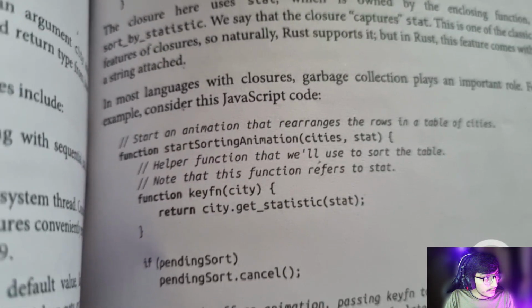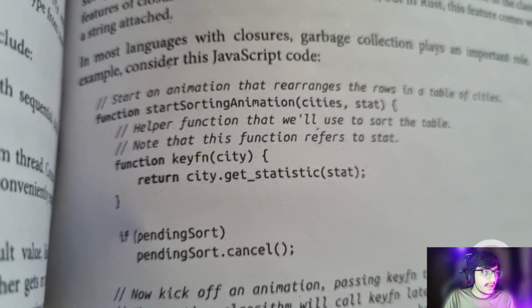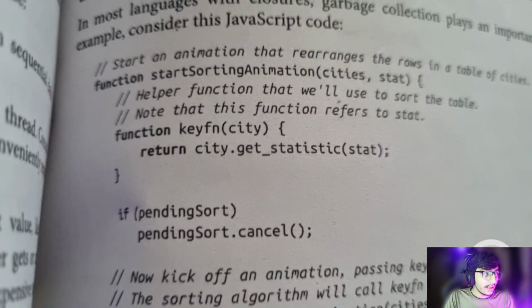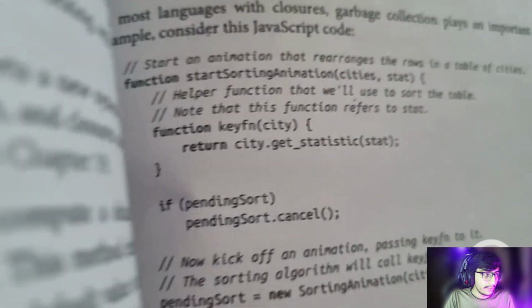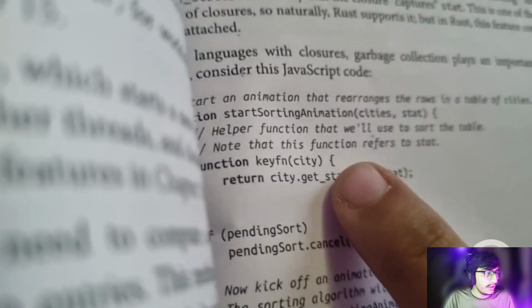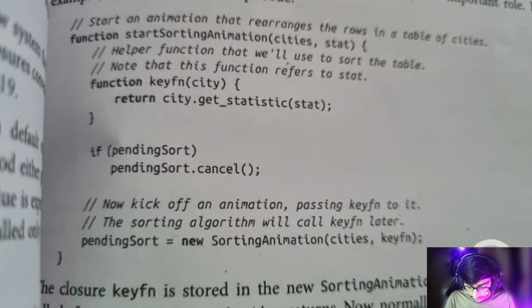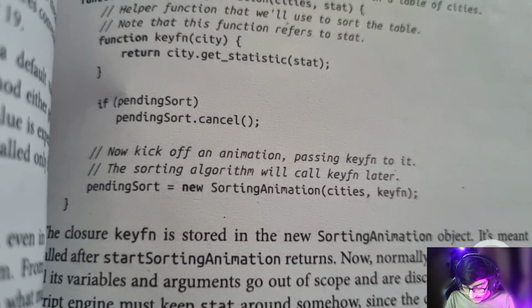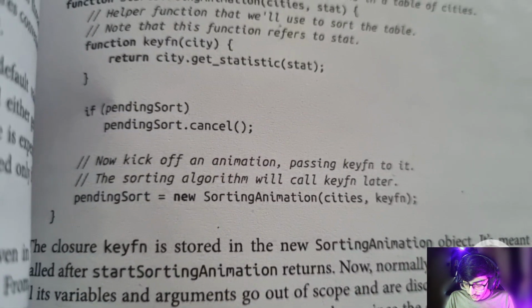Okay, perfect. So here we have function start sorting animation. This is a function, and inside that function we have key function. Inside that key function we have if pending sort dot cancel. And now you can see the comments: now kick off an animation passing key function to it. The sorting algorithm will call key function later.